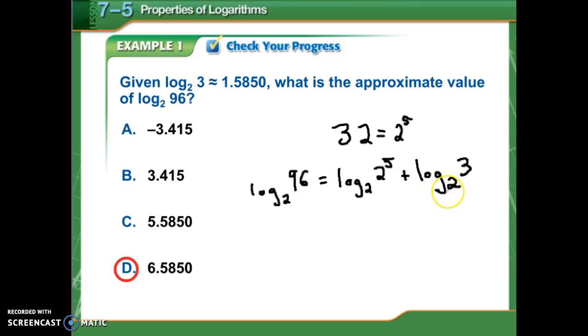We know log base 2 of 3 is 1.585, and for log base 2 of 2 to the 5th, 2 to what power gives me 2 to the 5th? Well, that's 5. So this is just 5 plus the thing they gave us, which was 1.585. I'm going to be kind of sloppy right here, just trying to write pretty quick. And that obviously gives us D, 6.585.